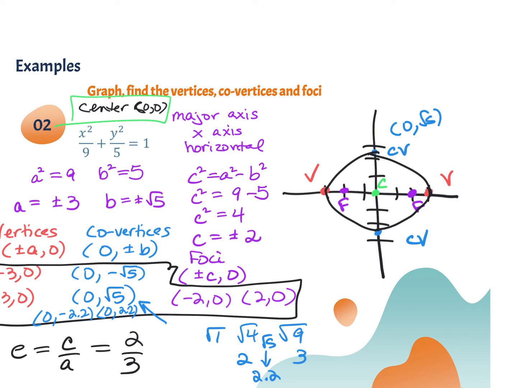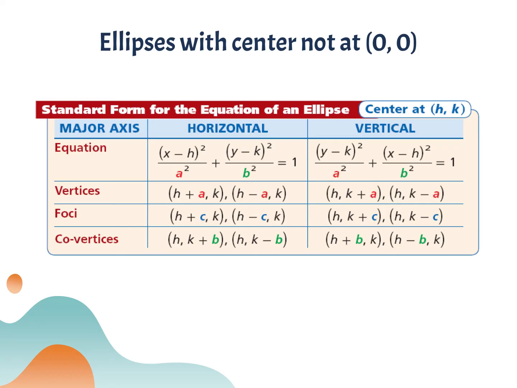All right, let's try with the center not at (0, 0). Here are the equations now when the center is not at the origin. We're bringing back our h and our k, just like before with the parabolas, where the h and the k was the vertex. Now it's going to be the center of my ellipse.